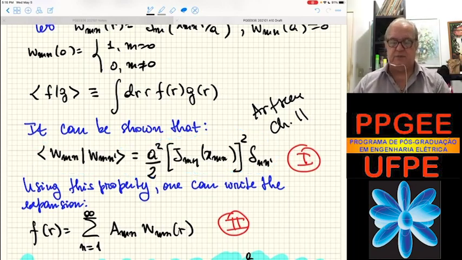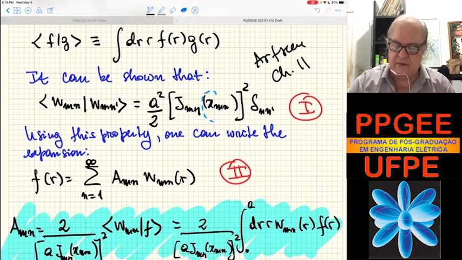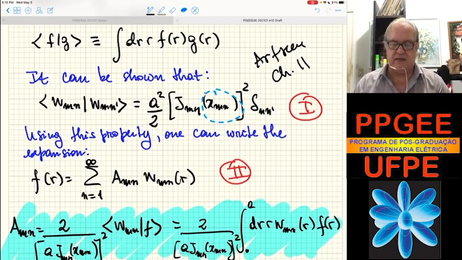So when we use this orthogonality property, we can always expand. We have to be able to find the roots of the Bessel function, which have an infinite number of roots. It's a discrete set, but infinitely large.